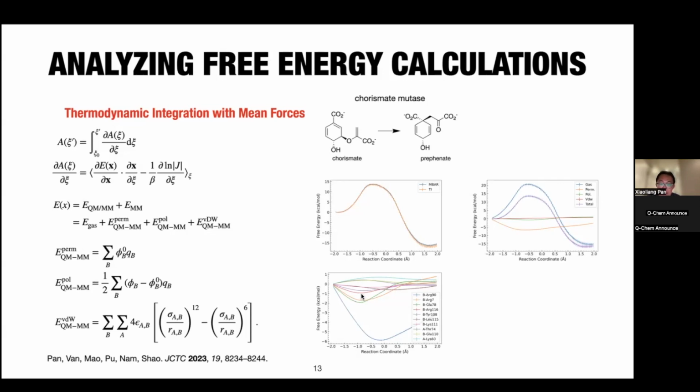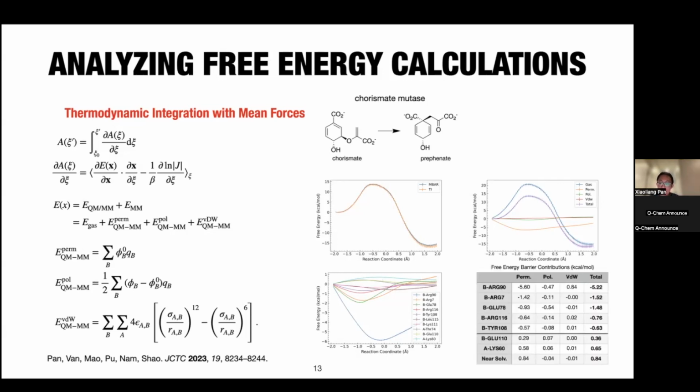And there are several others that provide relatively smaller contributions, and a small portion actually brings up the barrier for some reason. Yeah, this gave us very rich information from just this calculation.